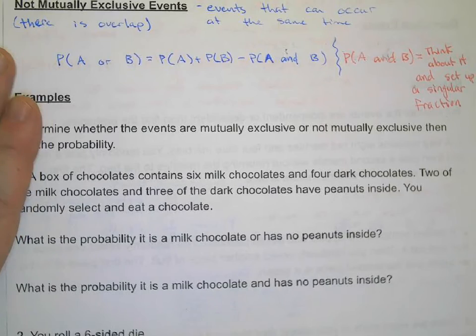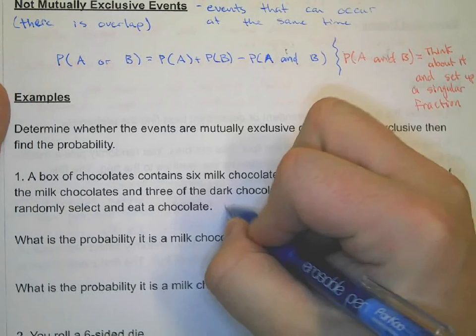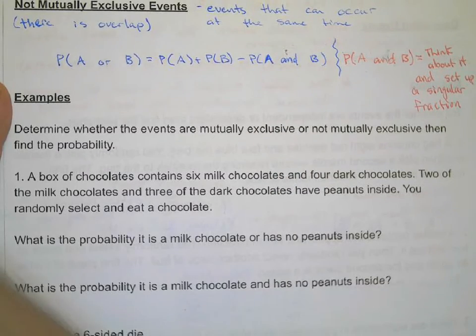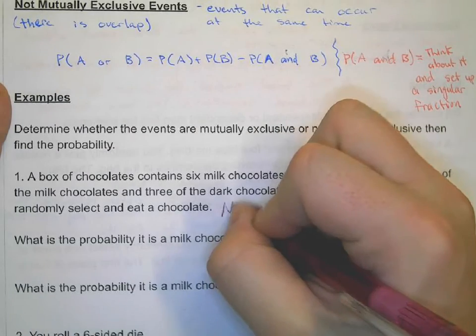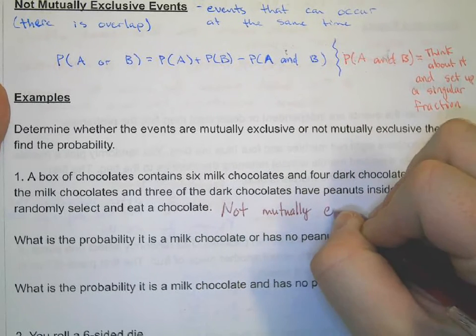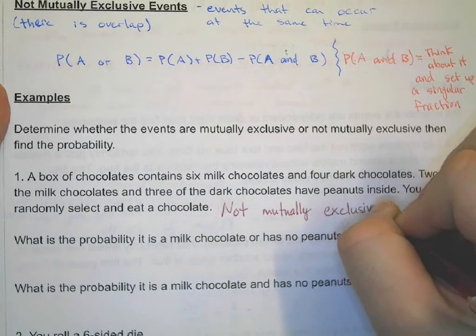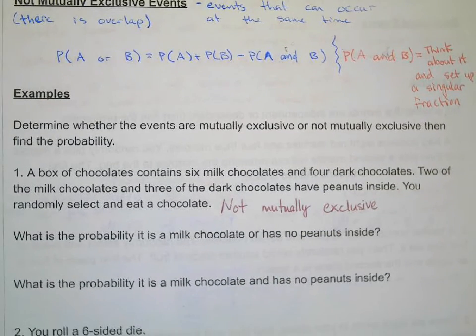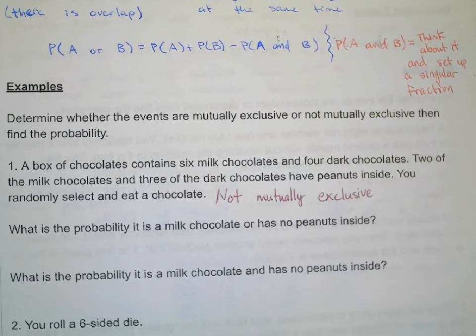So these are not mutually exclusive, because I can have the two events occur at the same time. I can choose a milk chocolate that doesn't have peanuts, or I could choose a dark chocolate that doesn't have peanuts, or I could choose a chocolate that does have peanuts. So there's that overlap with the peanuts.